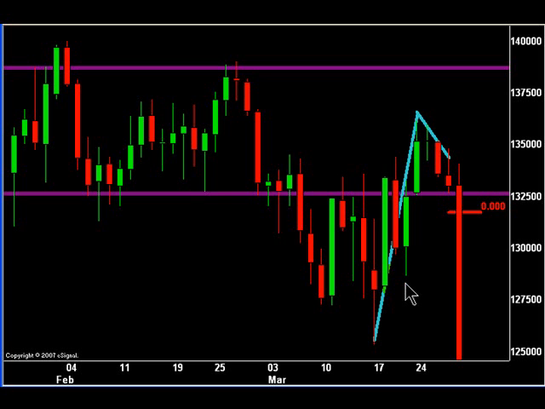Sorry, this is a bullish flag, correction. The market's come up and sort of gone sideways. This bullish flag is telling you that the market's going to go up. But look what actually happened. It broke down past this significant support or resistance and out of the flag.